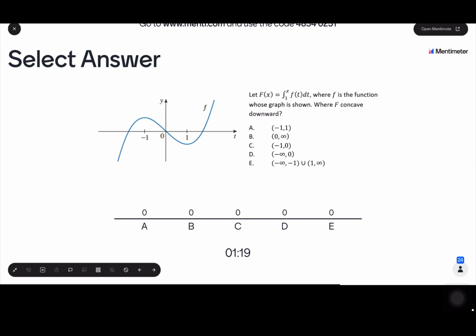Remember, concavity is the second derivative, right? The second derivative. But remember, our focus, the function, is capital F, and this is our primary function. But the picture is small f.